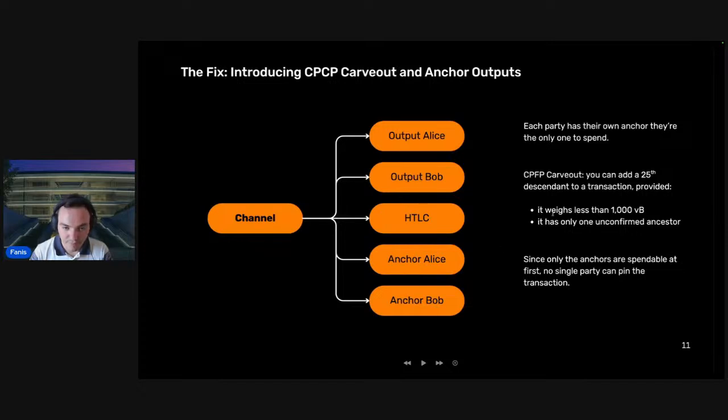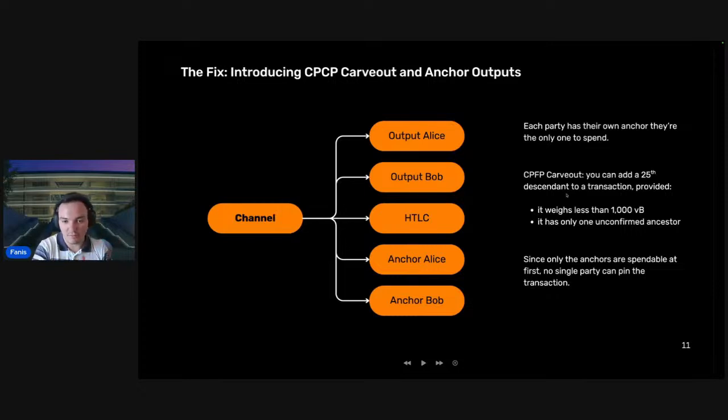And we added a special rule to the CPFP rules. The CPFP rules say that you can't add a 25th child to the transaction. And CPFP carve-out says, okay, you can add one more child, so a 25th child, only if it's not too heavy.